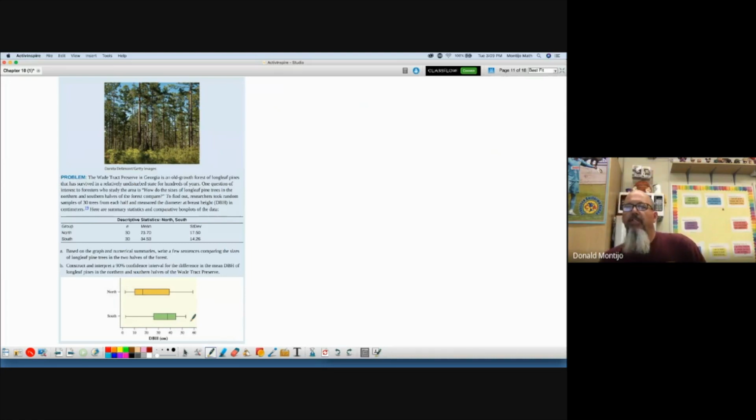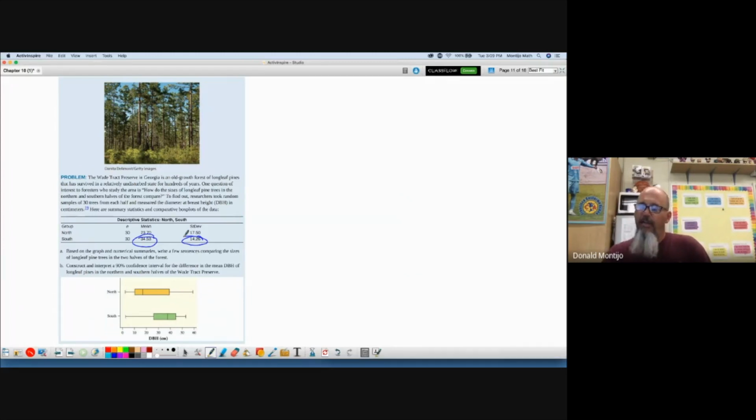So it appears that the southern trees are larger and more consistent with a smaller standard deviation. Based on the graph and numerical summaries, comparing the sizes. So the south seems bigger than the north on average. The center is much larger in the south than it is in the north.